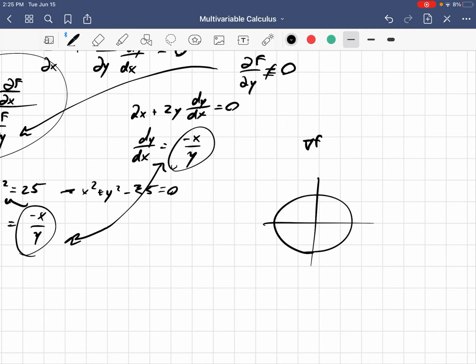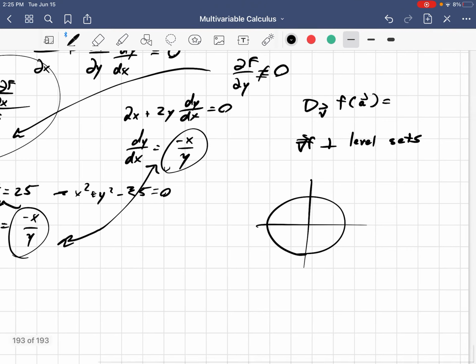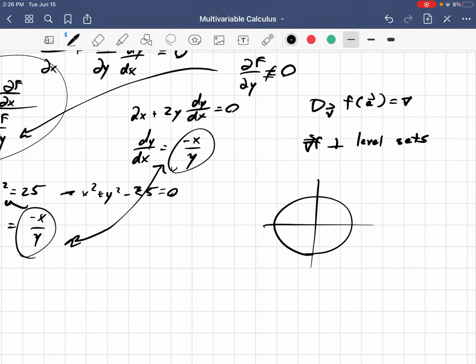then that means that we can talk about the gradient of f, which is always going to be perpendicular to, and I'll just write, the level sets. Because we established that the directional derivative for a given velocity vector of the function at a point, for real valued functions anyways, is equal to the gradient of f dotted with that vector v. The functional output isn't changing, so the directional derivative is 0 for any velocity vector.